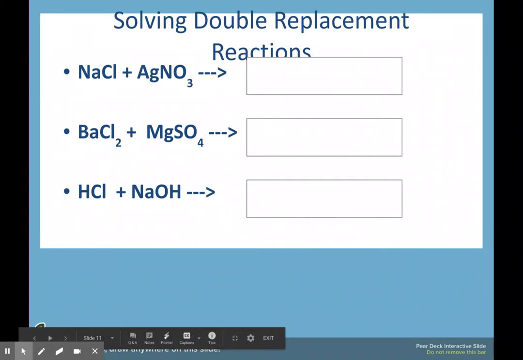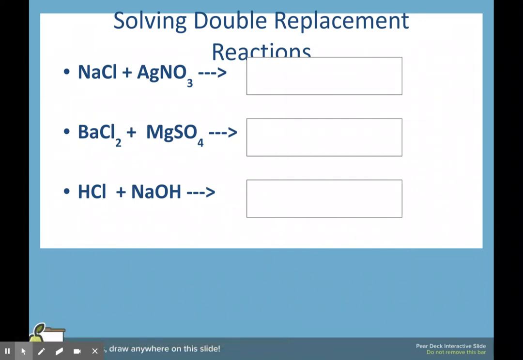So now we're going to write some double replacement reactions. So all of these we're going to break down into their ions first. So Na is +1, chlorine is -1. Then Ag, if we look that up, it says +1, and NO3 is also -1.